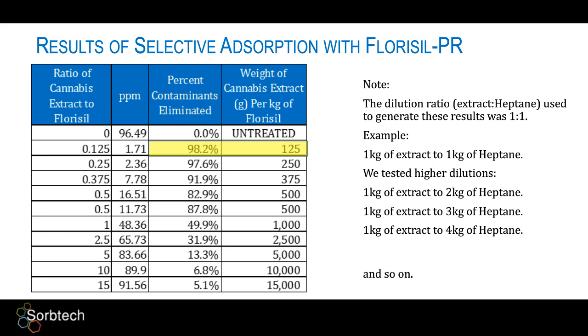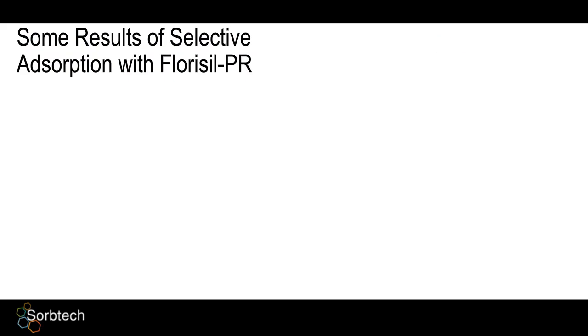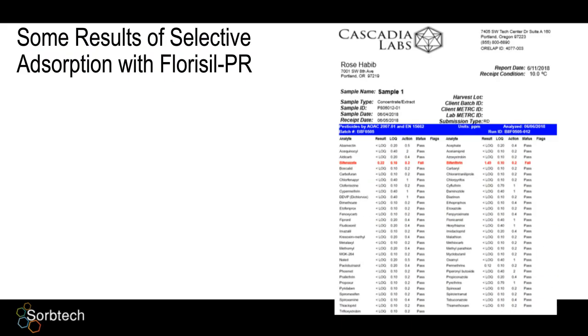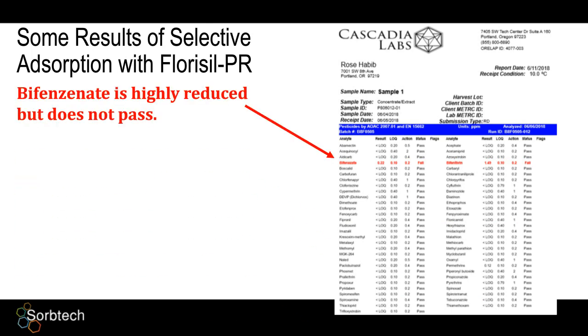So the results were superimposable. So it's strictly the amount that you load onto the column and the ppm. So Cascadia Labs in Portland, Oregon, measured this stuff for us.